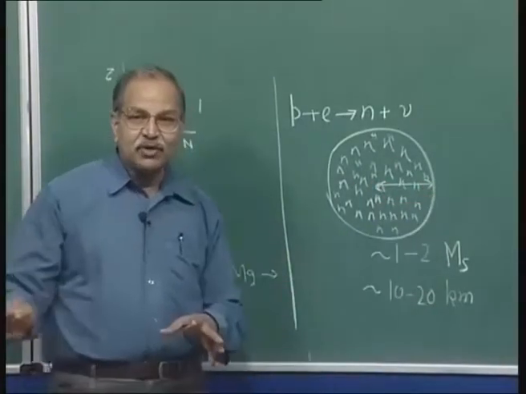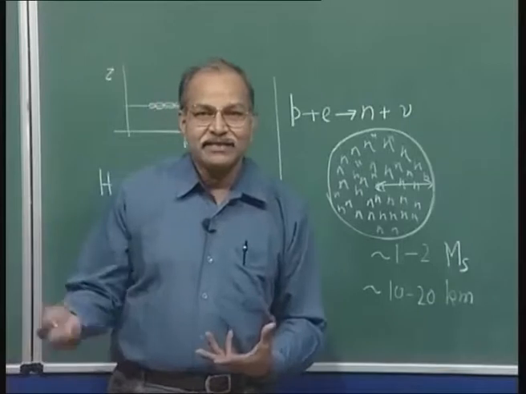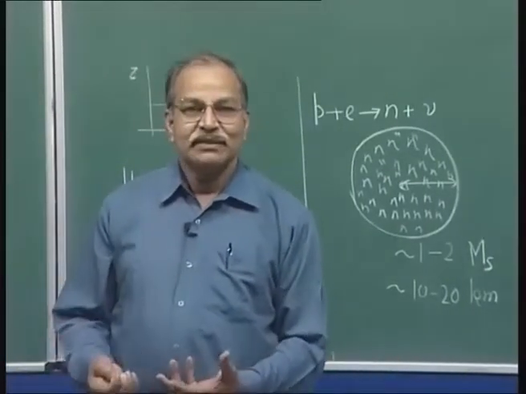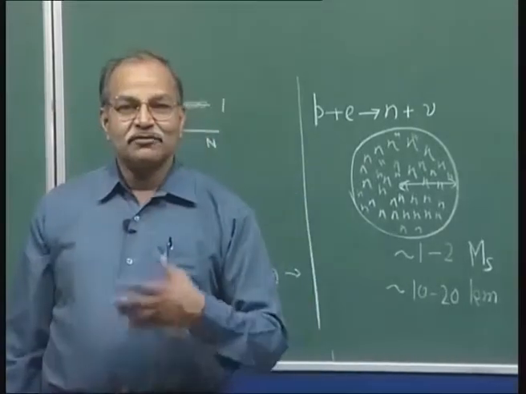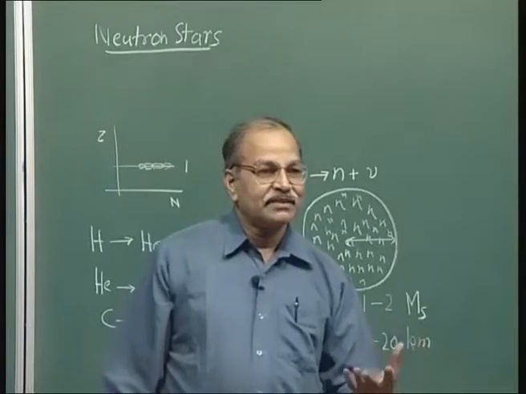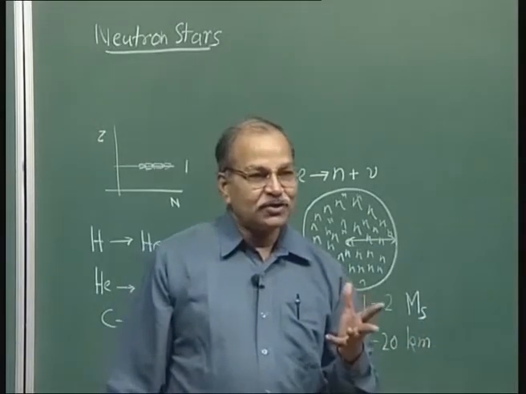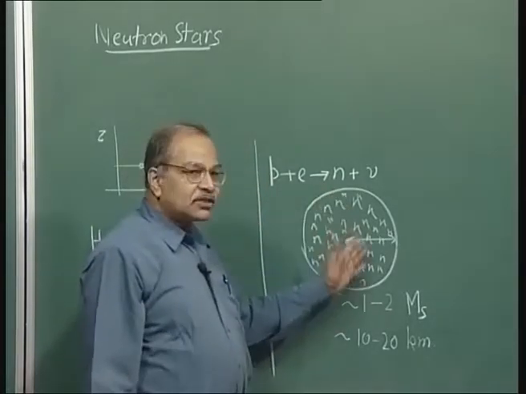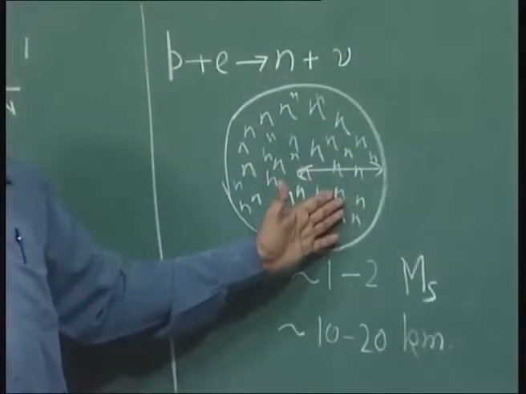We had been talking of nuclei of radius 4 femtometers and 5 femtometers and 2 femtometers and so on, and number of nucleons 100, 200, 50, 60, 10. So, these we were talking of, but here we are talking of a much larger number of neutrons.